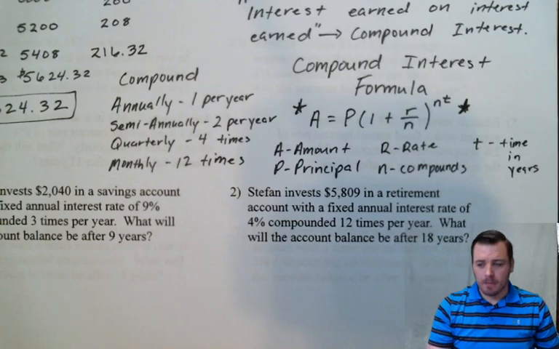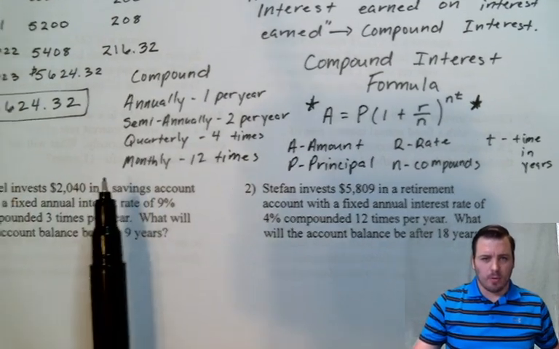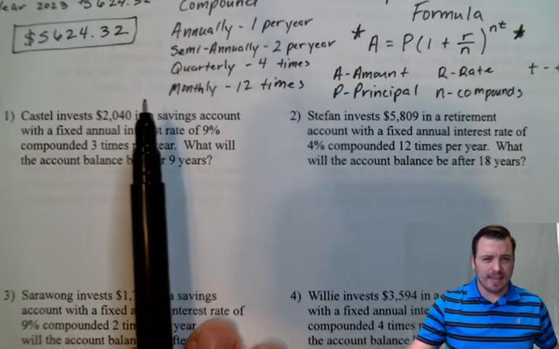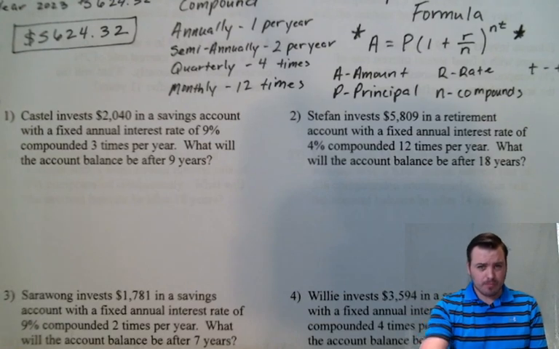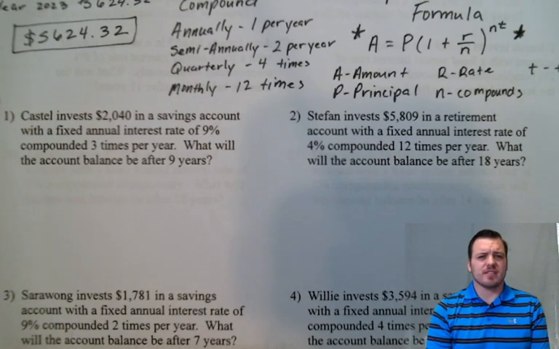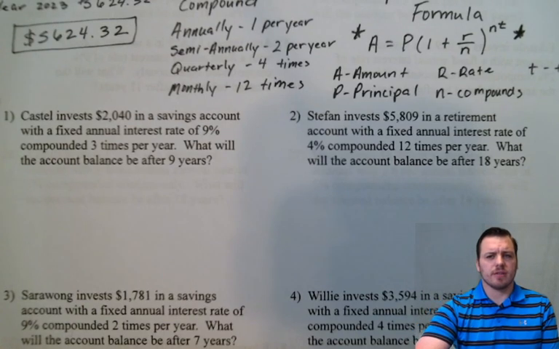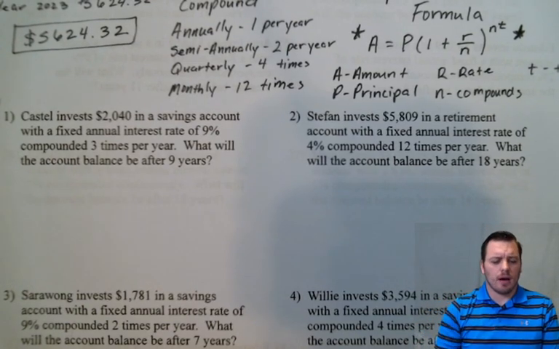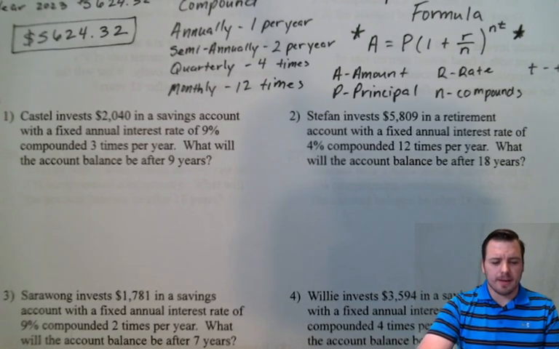Okay, so here we go. Looking at number 1. So Castell invests $2,040 into a savings account with a fixed annual interest of, correct, Abby, both ends will be the same.